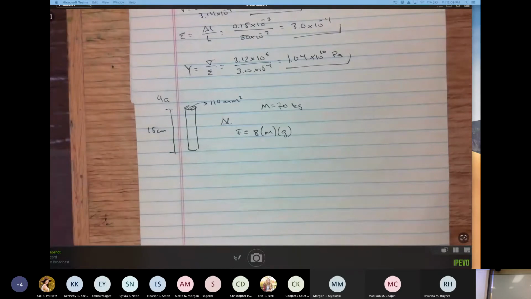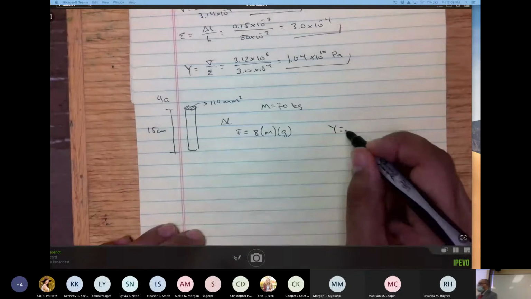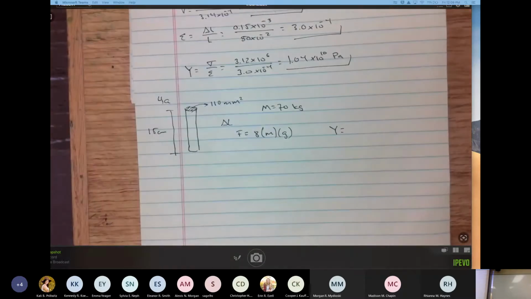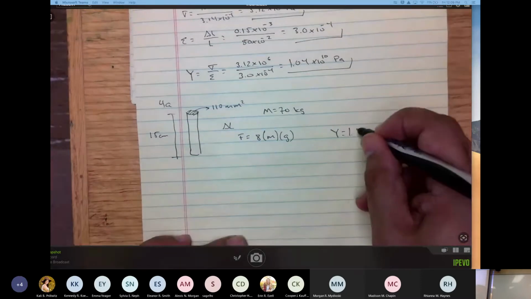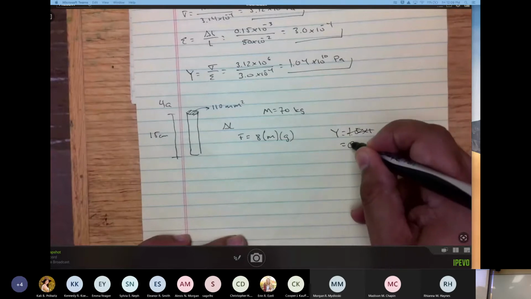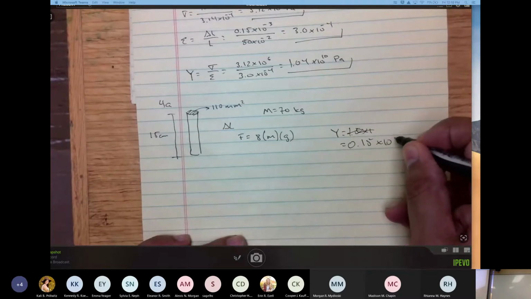That is the Young modulus of the Achilles tendon. I think that's in your textbook. Do you have the value? I couldn't find it. 0.15? 0.15 times 10 to the 10? Yes.